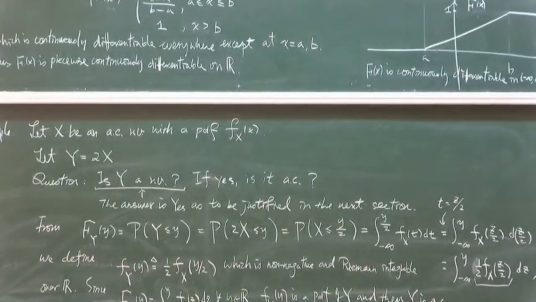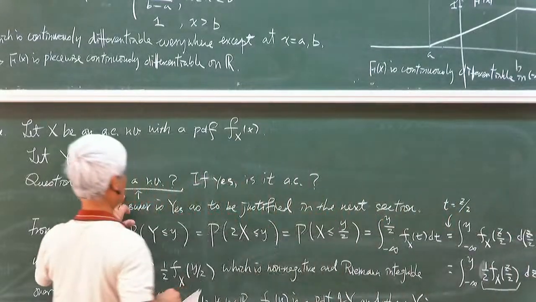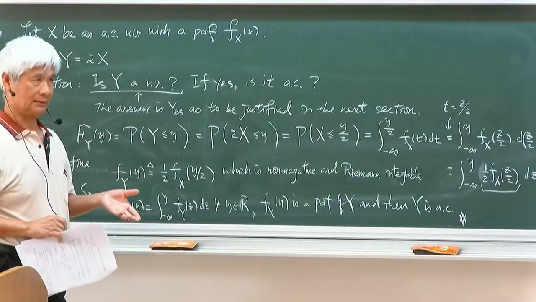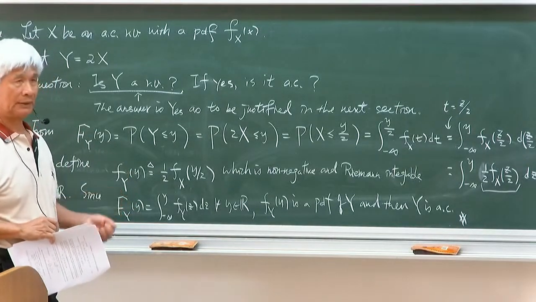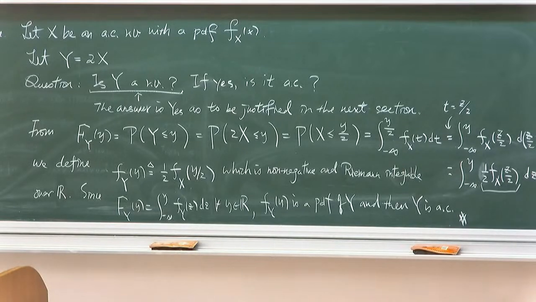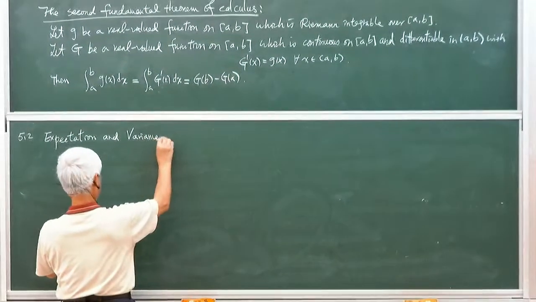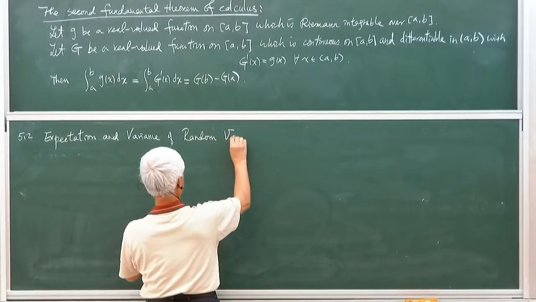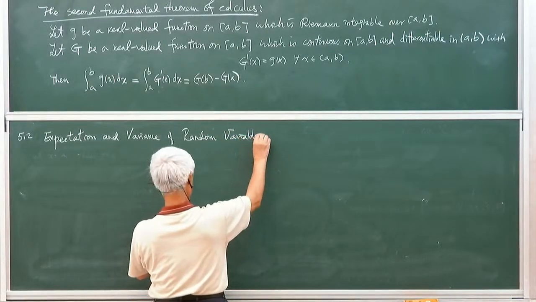So we have answered this question about data processing of a random variable. The title I use is from the textbook: expectation and variance of random variables.